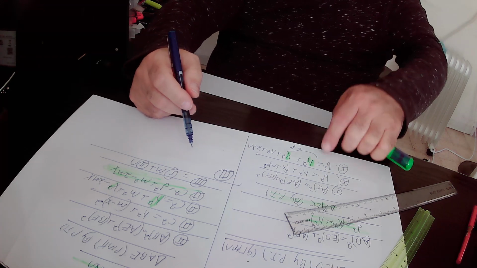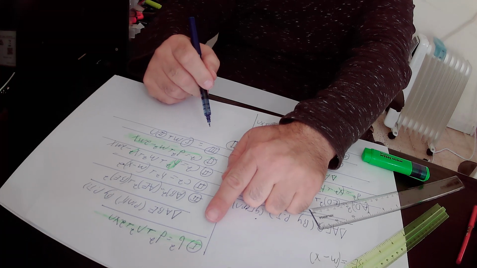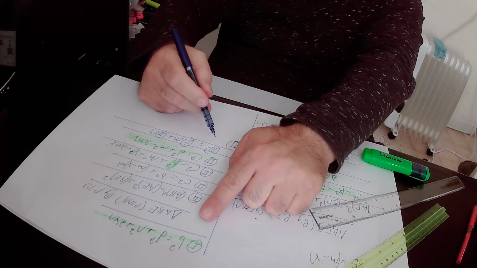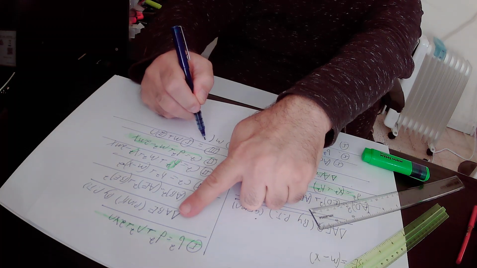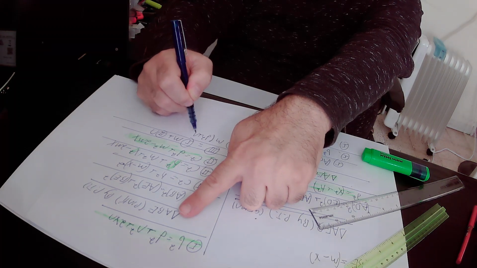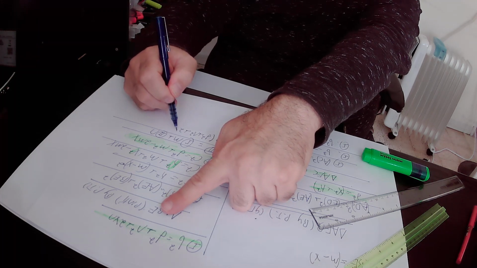So first of all, we will multiply the right side of equation number 1 by m. So it is m. In the right side we have d squared plus n squared plus 2 times xn.